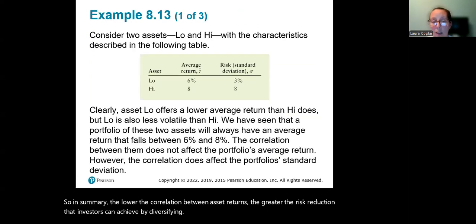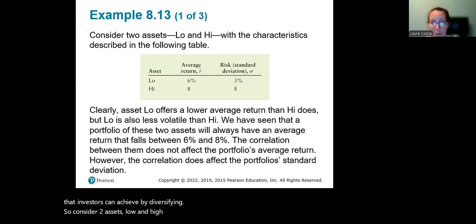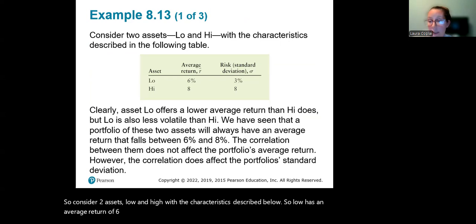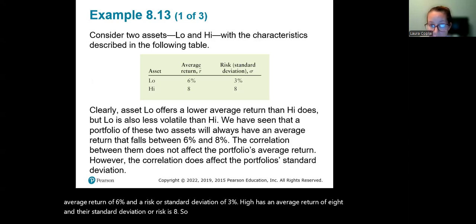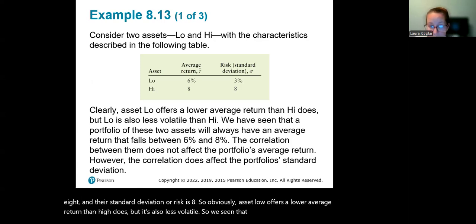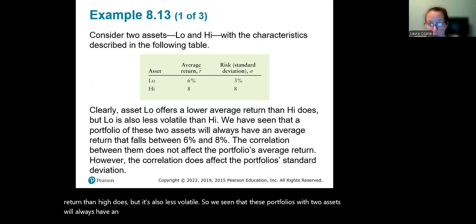Consider two assets, low and high, with the characteristics described below. Low has an average return of 6% and a risk or standard deviation of 3%. High has an average return of 8% and a standard deviation or risk of 8%. Obviously asset low offers a lower average return than high does, but it's also less volatile. We've seen that portfolios with two assets will always have an average return that falls between 6 and 8%.